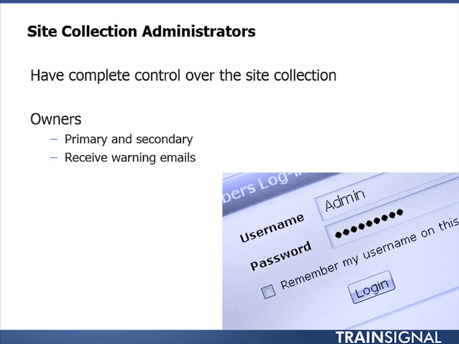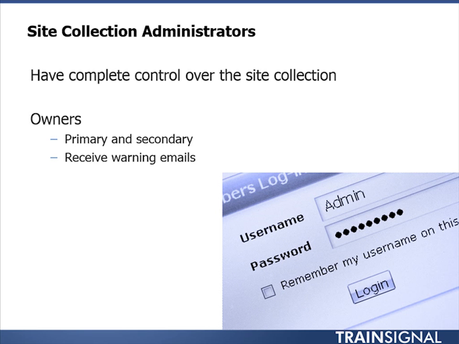So one of the things that I could do is enable a quota. And if I enable a quota, then if we get close to the limit of that quota, we're going to get an email saying, hey, by the way, just got to let you know, you're about to exceed this quota. My primary and my secondary owners are going to get that. My normal site collection administrators, however, are not going to get those emails.